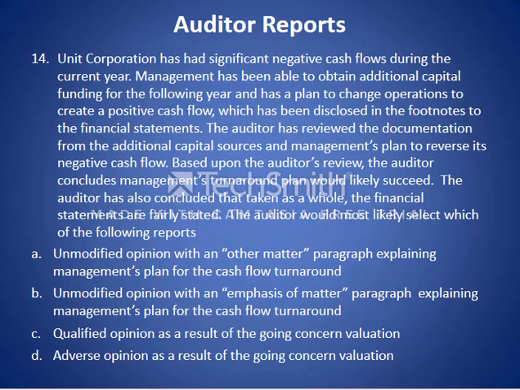The auditors reviewed the documentation from the additional capital sources and management's plan to reverse its negative cash flows. Based upon the auditor's review, the auditor concludes management's turnaround plan would likely succeed. The auditor has also concluded that, taken as a whole, the financial statements are indeed fairly stated. The auditor would most likely select which of the following reports?